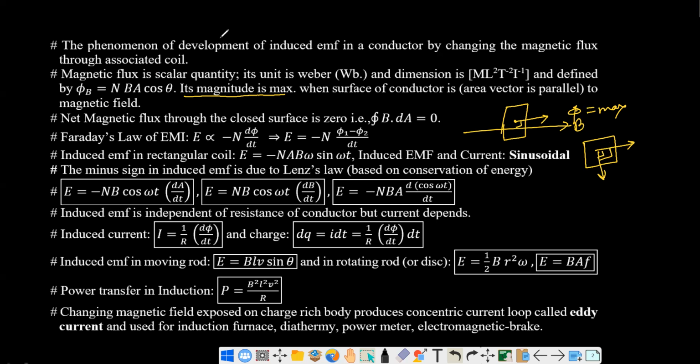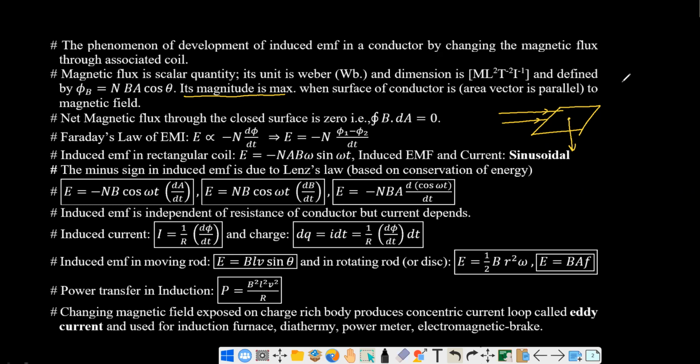Why it will happen is, let me just draw a diagram properly so that you can be convinced. Let's say this is the plain flat surface of your coil, and your area vector is pointing vertically down, and your magnetic lines of force are in here. The thickness of the paper is 0. That's why the number of lines of force crossing through this paper, or this conductor, is taken to be 0.